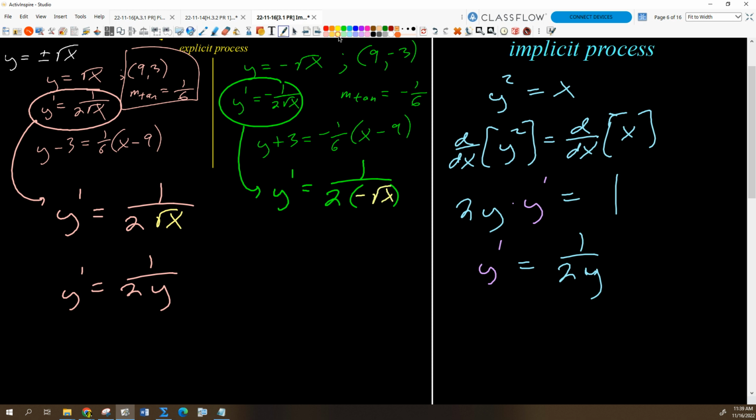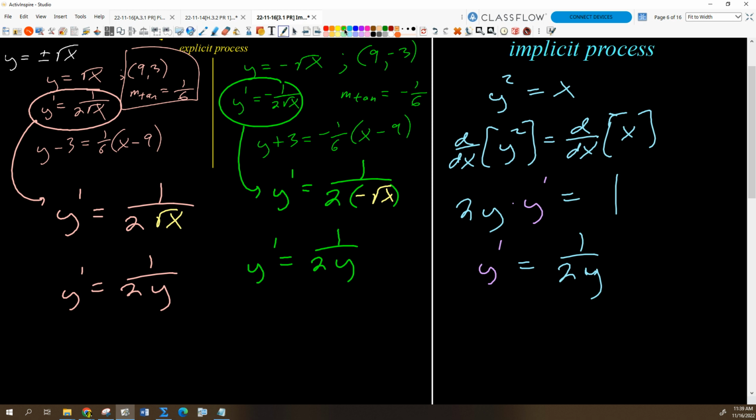How did we define y in the green function? Negative the square root of x. So what do you know? We also get y prime equals 1 over 2y if we define it that way.